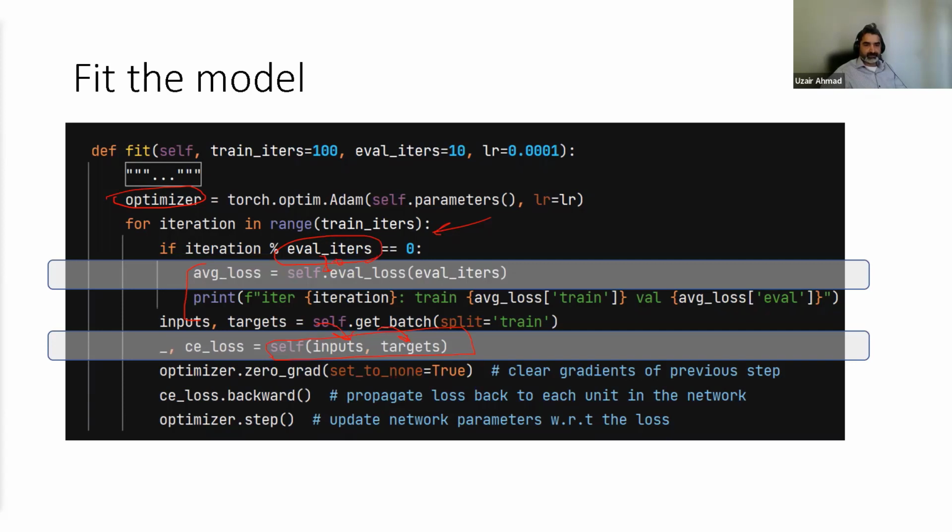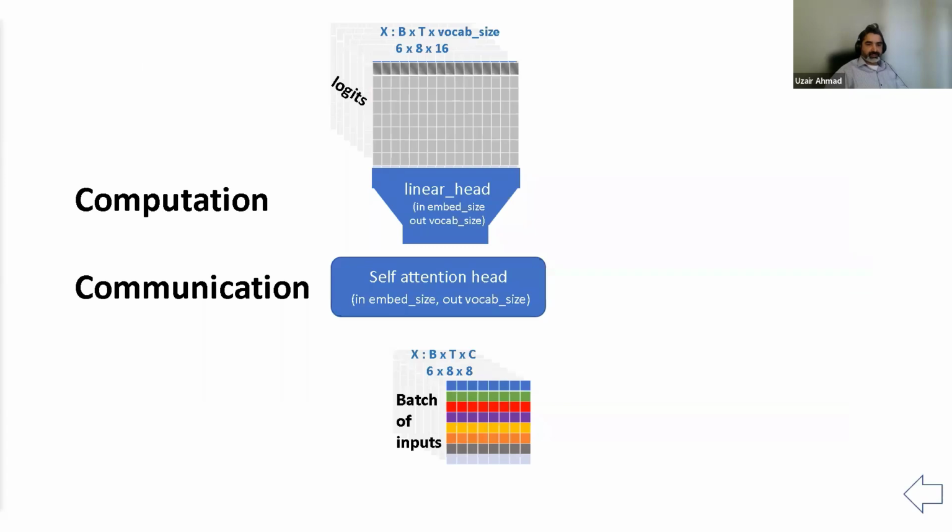It will look like this. This is your batch of inputs. Maybe batch of 24 or 16. This number doesn't matter. So you have vocabulary size is 8 and your embedding size is 8. Just to put things on one slide. So every row in the first batch corresponds to one token in a sentence.